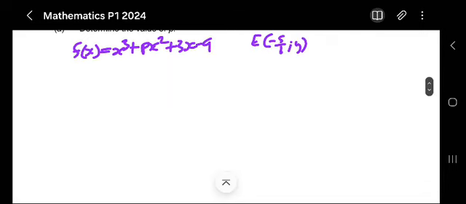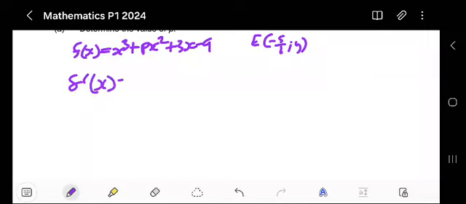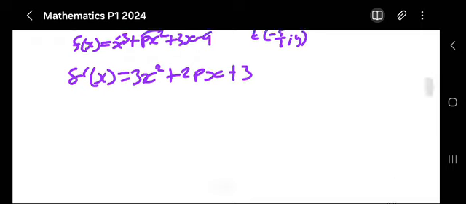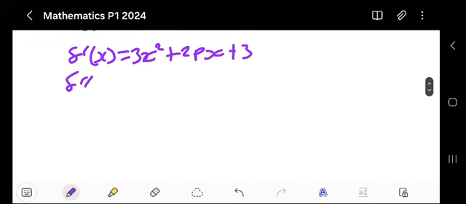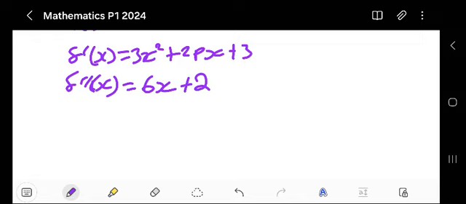Since it's a point on the graph, the first derivative will be 3x squared plus 2px plus 3. Then the second derivative we'll have 6x plus 2p. Why am I saying 2p?